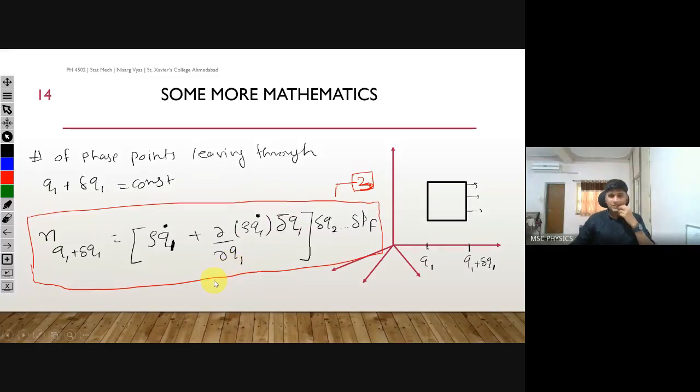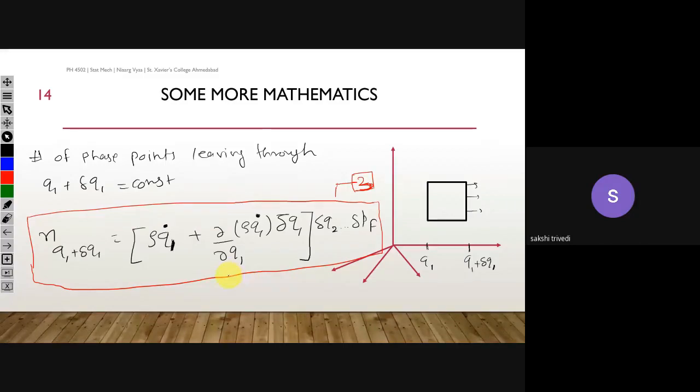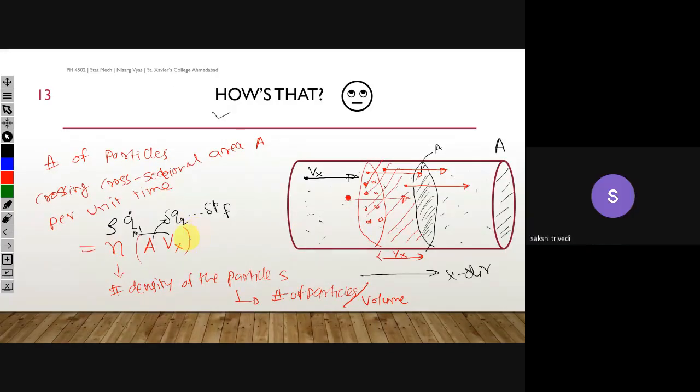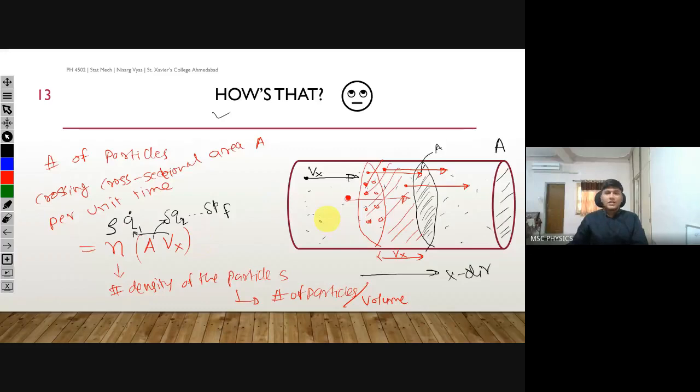Any doubts? Sir, can you explain once again why we don't consider delta q1 in the latter part? Okay, so did you understand this example, n into a into vx? Yes. Okay, so in this area we do not have any component from this direction.